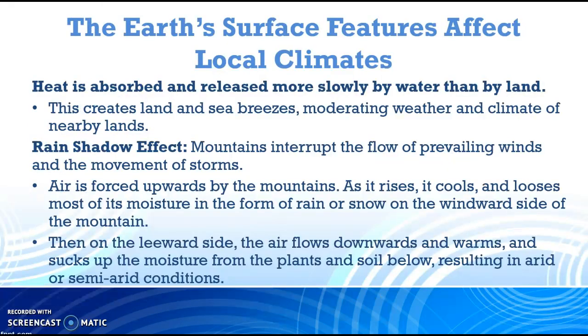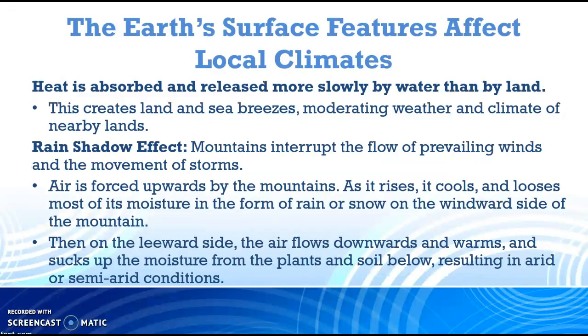Heat is also absorbed and released more slowly by water than it is by land. This helps to create our sea breezes, moderating weather and climate of nearby coastal areas. We've talked about this in class, but this is kind of why Chicago is known as the Windy City. The land is warm. It keeps the air above it warm as well.